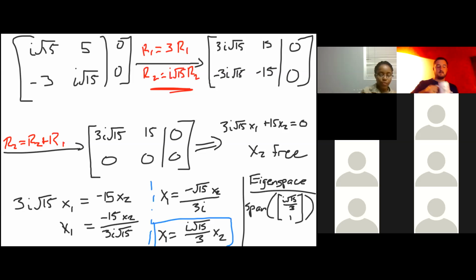So notice that in this case, once we had imaginary eigenvalues, we end up getting eigenvectors that also include imaginary entries, no longer just real numbers.